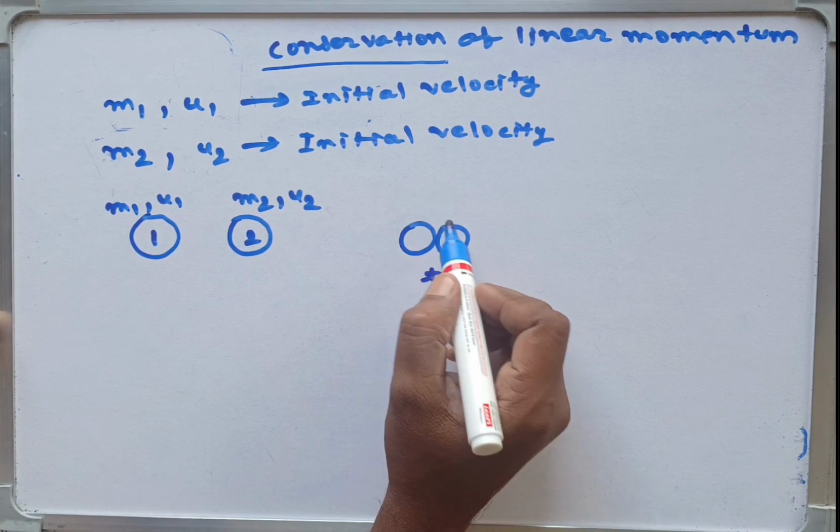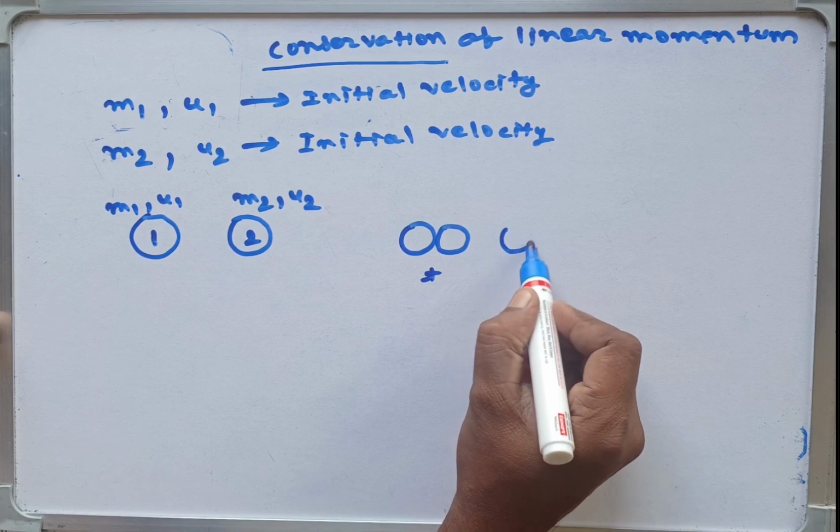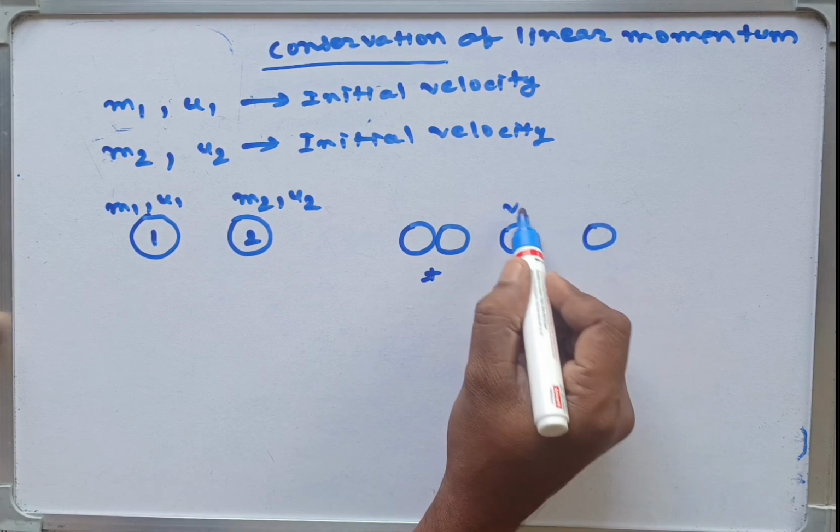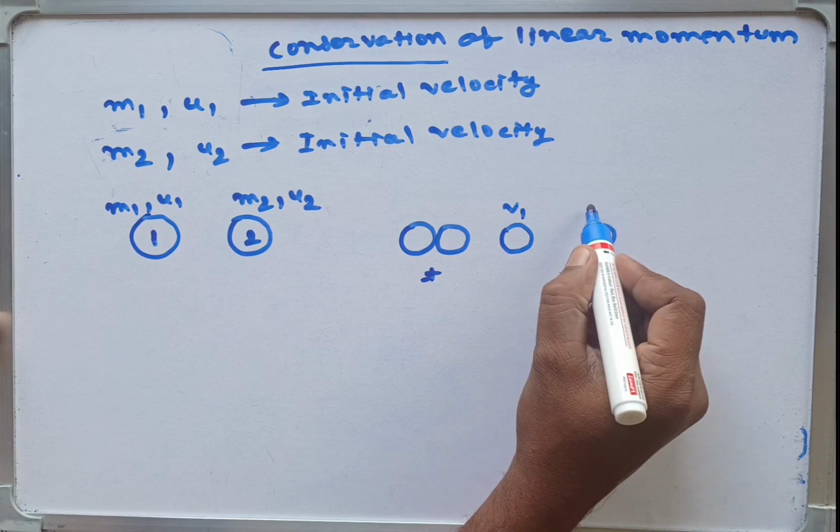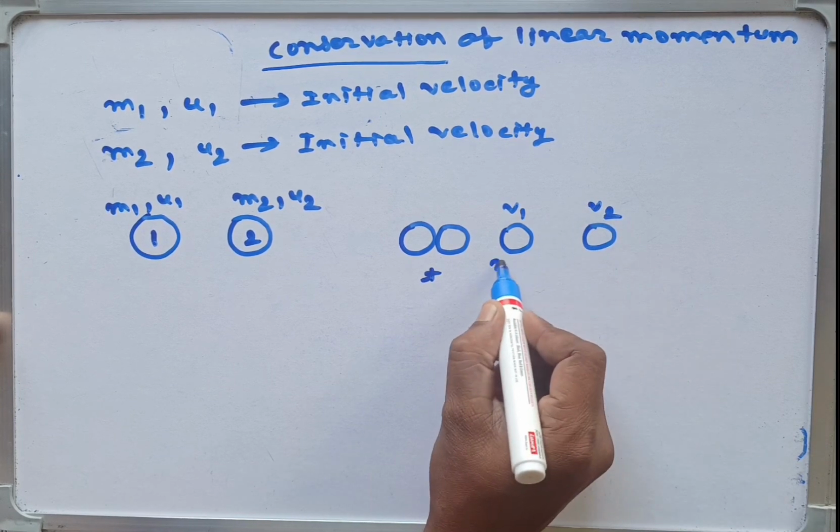After separation, their velocities become v1 and v2.